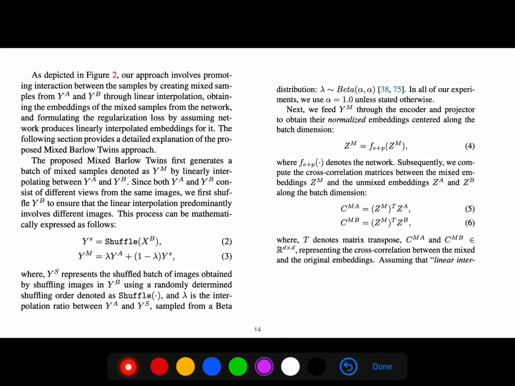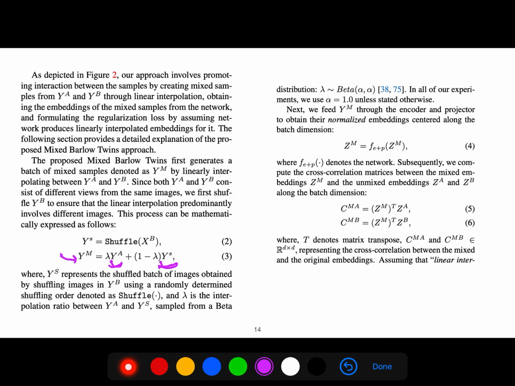So the proposed Mixed Barlow Twins first generates a batch of mixed samples. These mixed samples are just a linear interpolation between YA and YB, because YS is just a shuffle of YB.